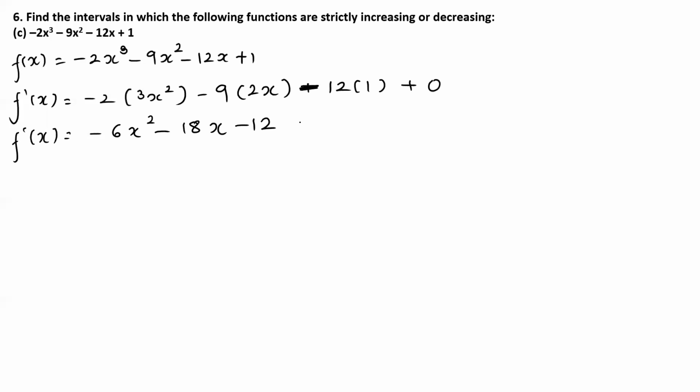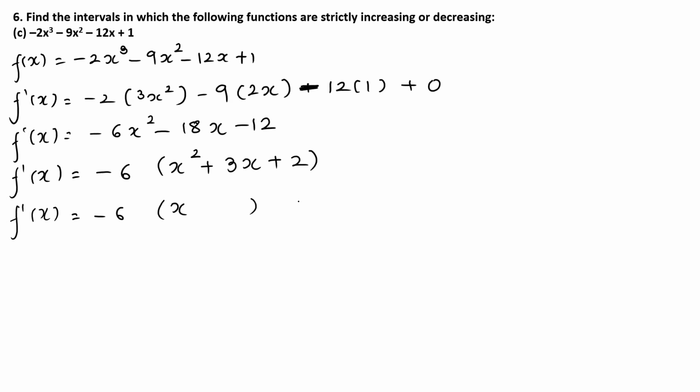You can see that here I have to take minus 6 common. Inside it is x squared plus 3x plus 2. You can see we can split the middle term: 2 ones are 2, and 2 plus 1 is 3.